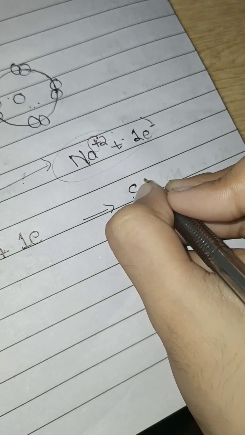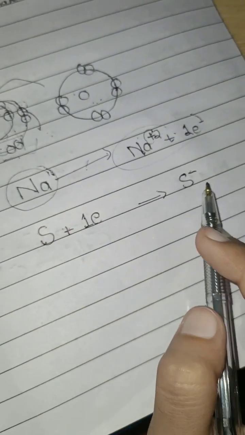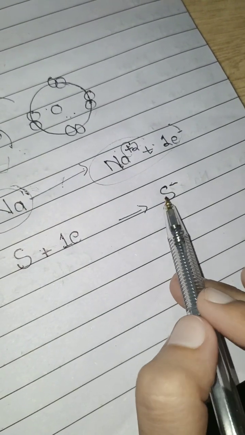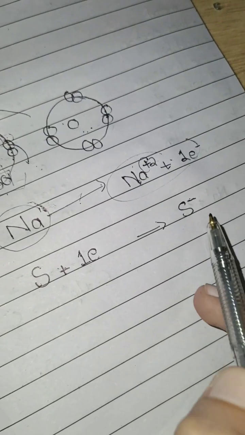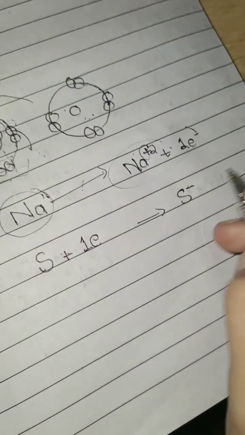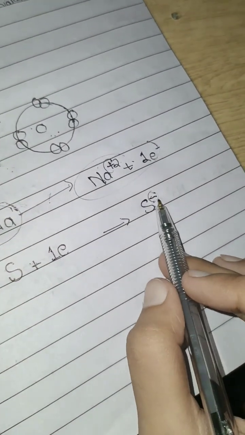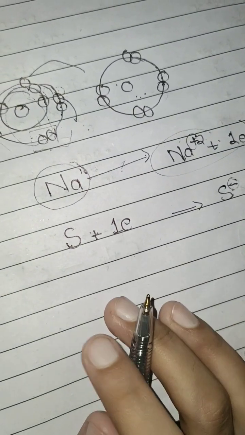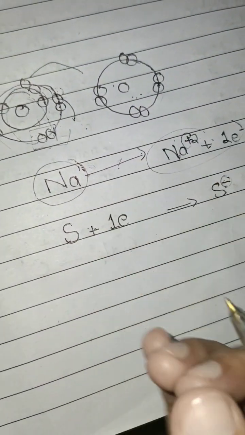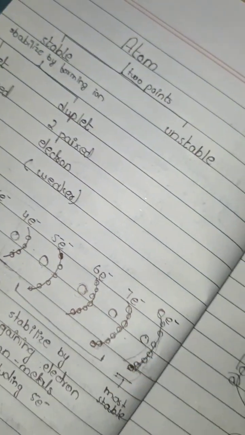It will become S minus. It will become an anion that has gained an electron, the number of electrons increases, and it will become negative. The minus sign shows the gain of the electron. And that's the way we can study the atom's stabilization and instability.